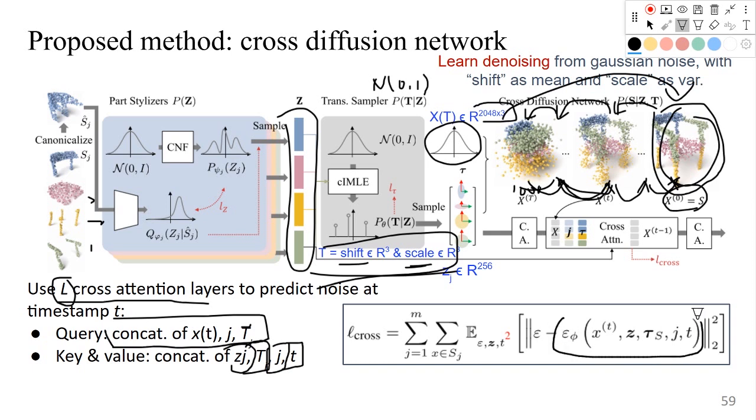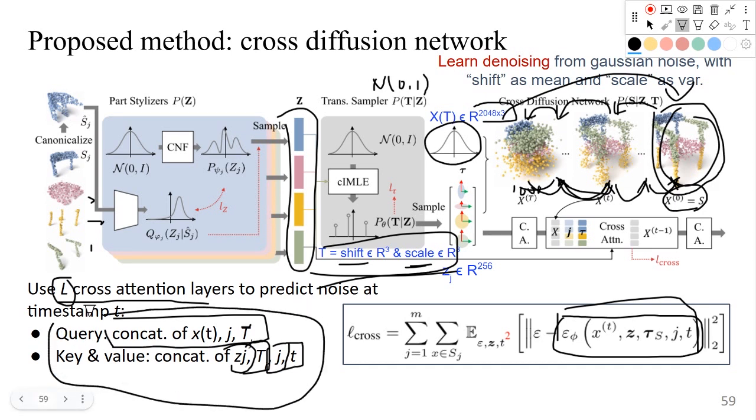Given the network, which is this cross attention, we estimate the noise at the particular timestamp. The cross attention network has the query and key-value input here to estimate the noise. And this is the corresponding ground truth noise.